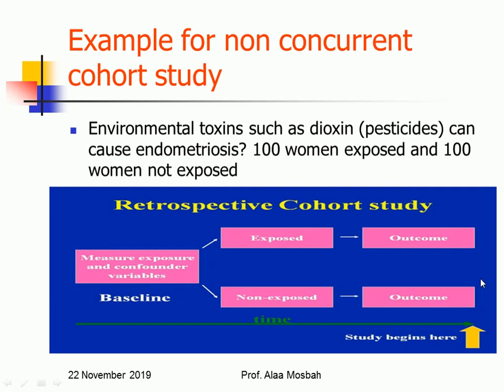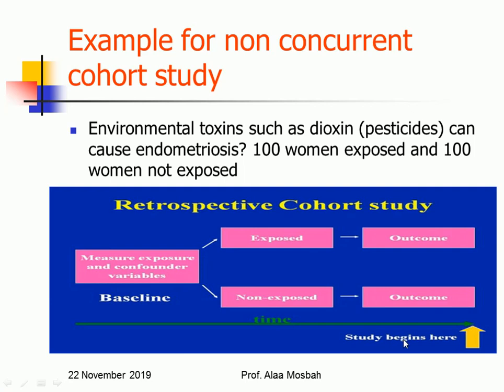So, if I am talking about the concurrent one, I will start this research from this point. If I'm using the non-concurrent cohort, I'll start the test at this point. Understand me?